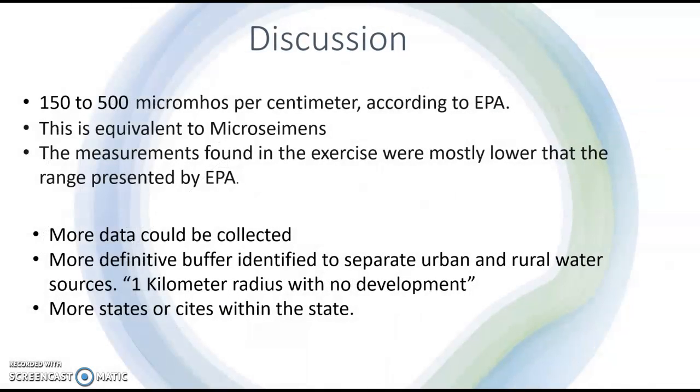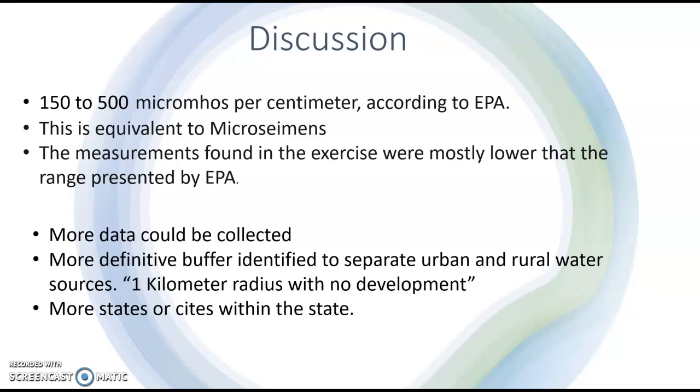To continue the discussion, the EPA says that the average specific conductance would be 150 to 500 micromhos per centimeter. And I measure mine in microsiemens, and this is equivalent. They're the same thing. And in this case, the measurements found in this exercise were mostly lower than the range presented by the EPA, all except for the one that was 182.